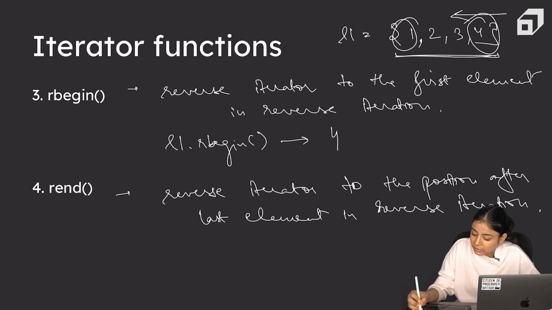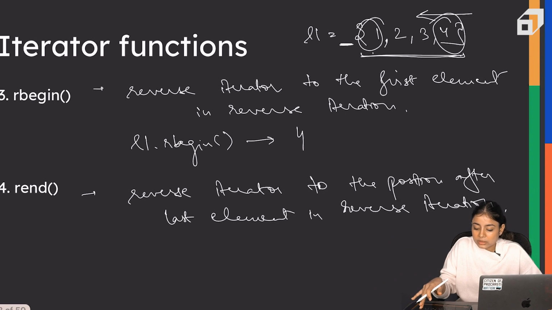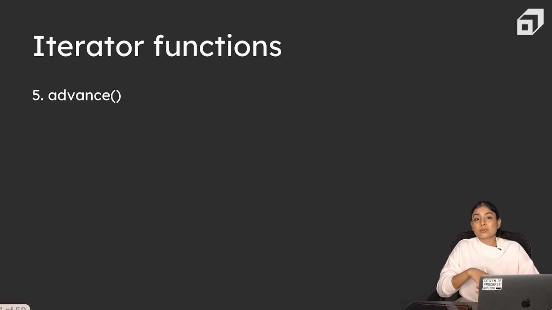So L1 dot R end will return me an iterator to the position after the last element, which is 1 in this case in reverse iteration. Okay, so these are some of the iteration functions that we'll be using to iterate.